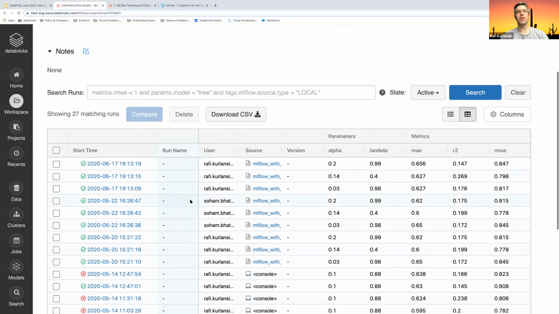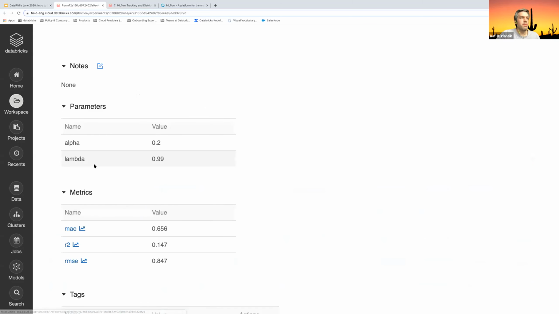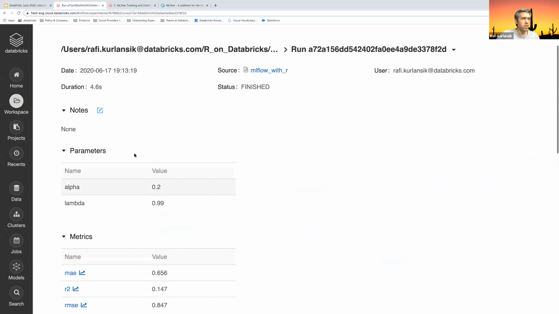But I think the value of this should already be apparent: the ability to track all of this while you're working. You no longer have to keep this information in spreadsheets or anything like that. This is all accessible programmatically, and it helps with managing the machine learning lifecycle, right? If I dig into a particular run here, and click on the timestamp, this will tell me all that information we logged.